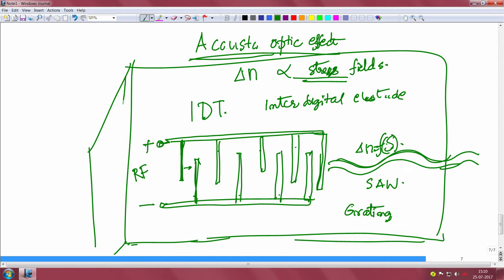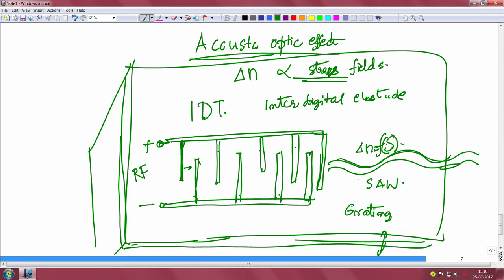And once you have a grating, we know the properties of gratings, and let me identify for the time being with a slab waveguide. You have a slab waveguide on which you will propagate a surface acoustic wave. So, the optical field and the surface acoustic wave are confined to a certain thickness of the waveguide, and the confinement of the light field is only in the depth direction.